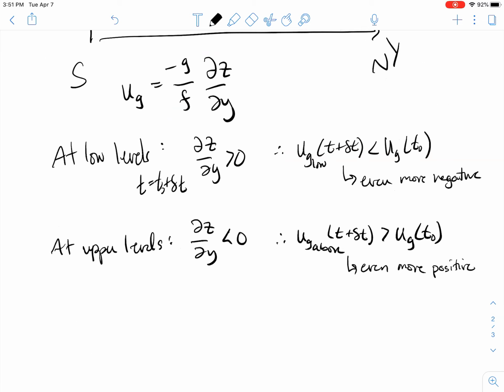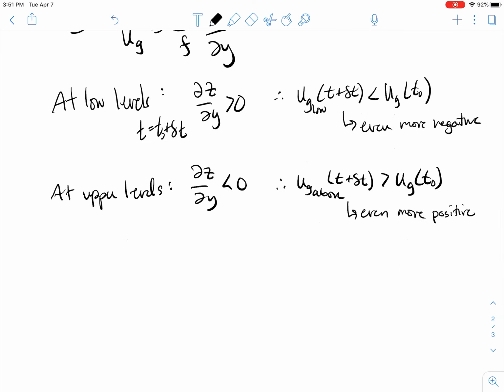And so this then leads us to be able to assess our understanding of the ageostrophic flow that's going to begin with this particular setup. And so below, at our low levels, we want to assess our ageostrophic flow.